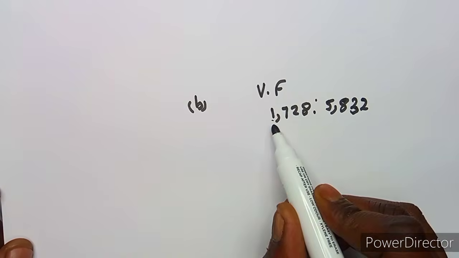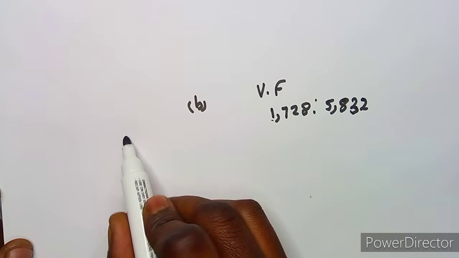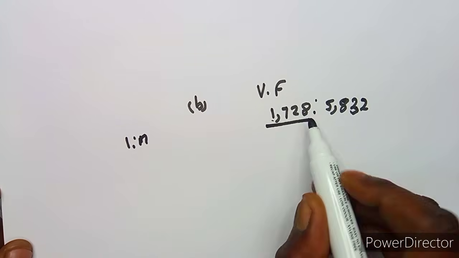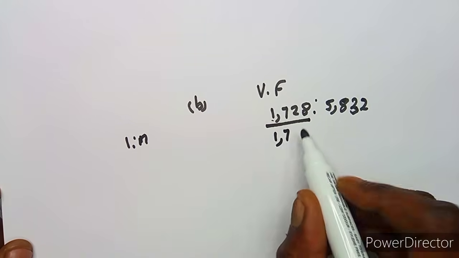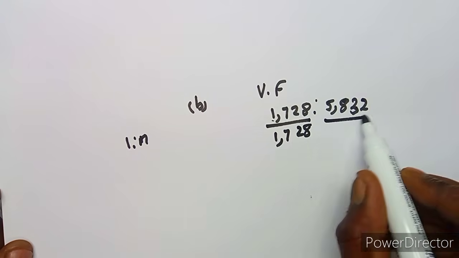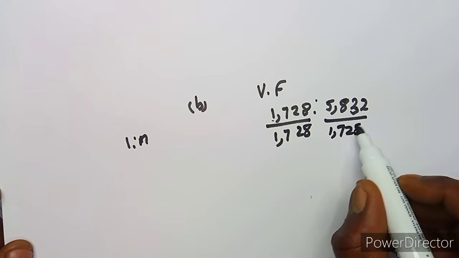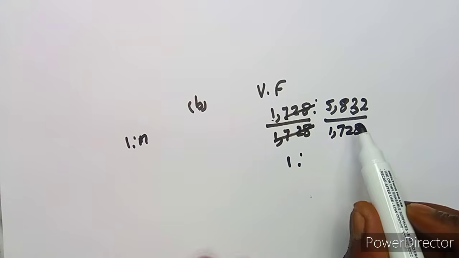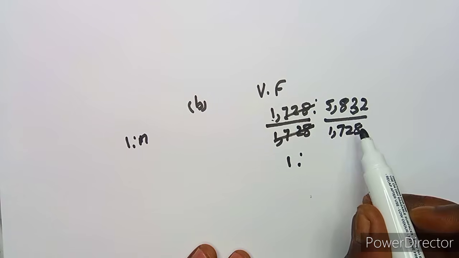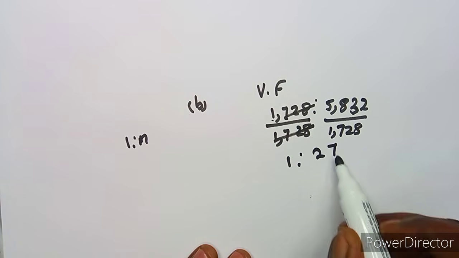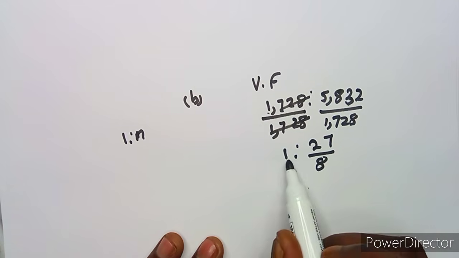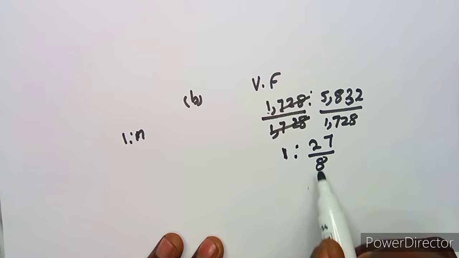Maybe you want to make it 1 is to a certain number. Ratio simply means to divide. So I'm going to divide by 1,728 here. This is going to give me 1 is to 27/8. So what does it mean to say 1 is to 27/8?